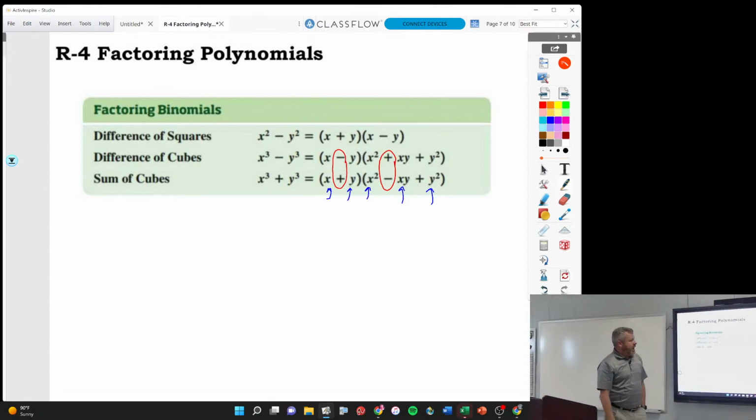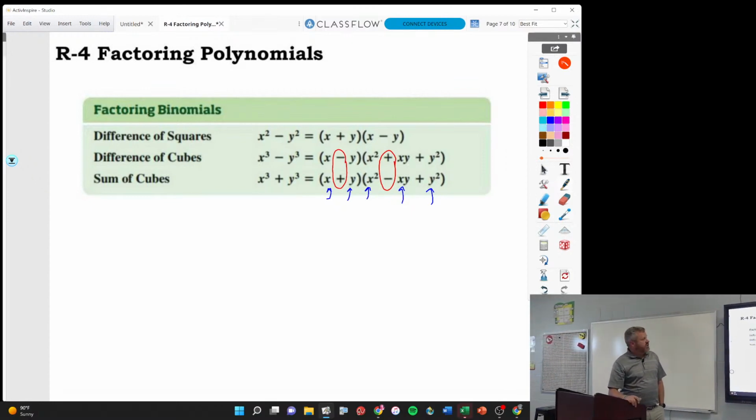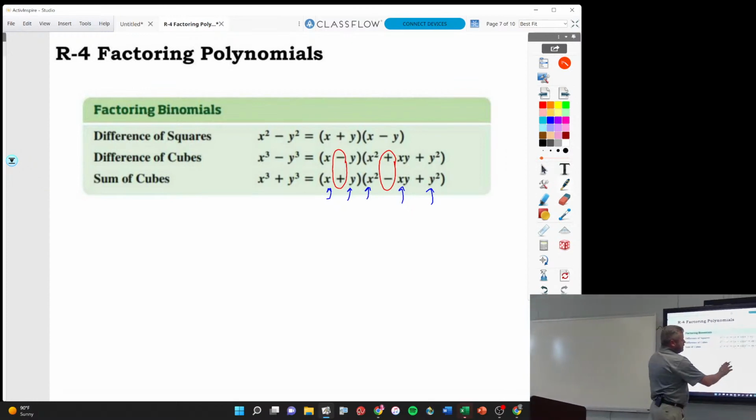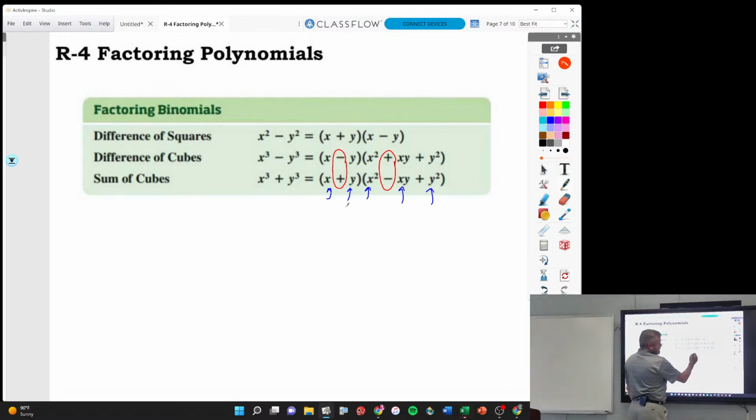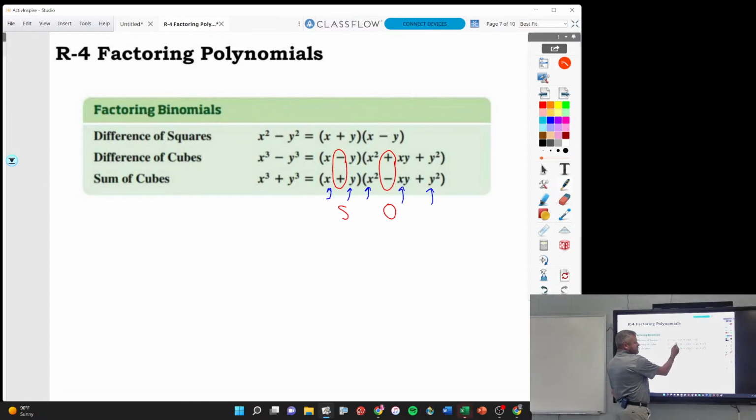All right? And what we're going to use to remember that is the word SOAP. So when you factor these, know that that first guy is going to be the same. So if I'm doing a difference of cubes, then that first sign is negative. If I'm doing a sum of cubes, that first sign is positive. The second sign is always opposite. If I'm doing a difference of cubes, that second term is going to have a plus.